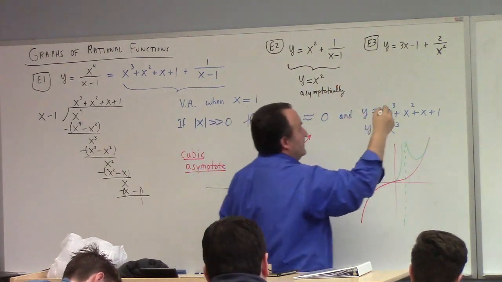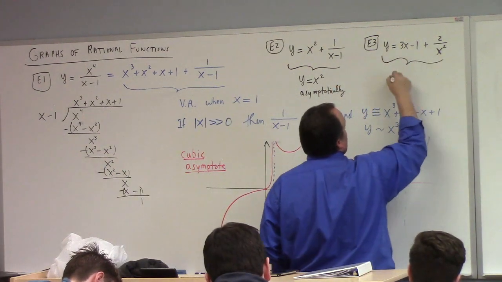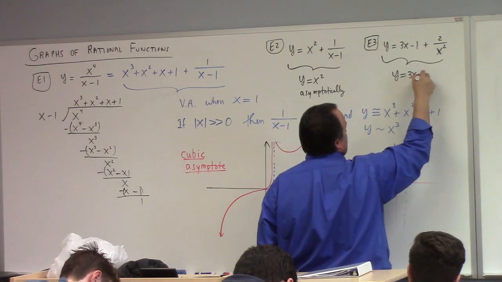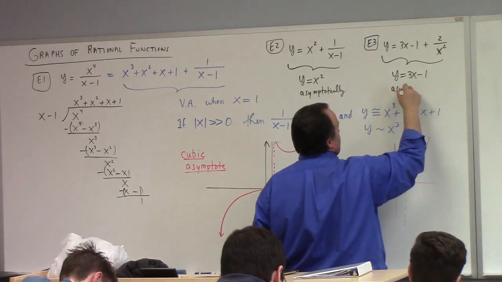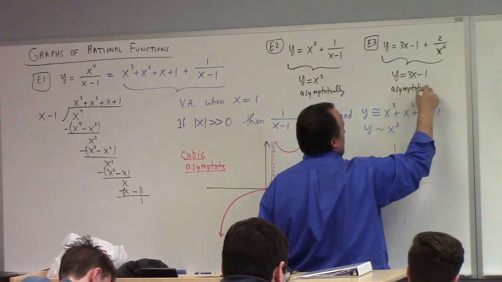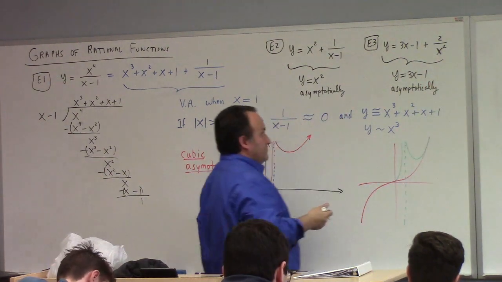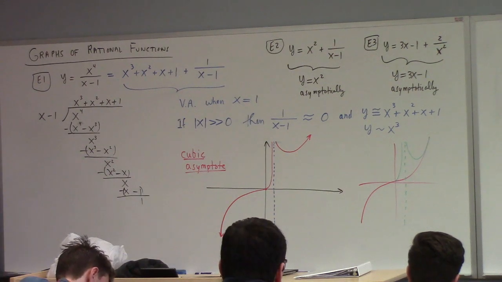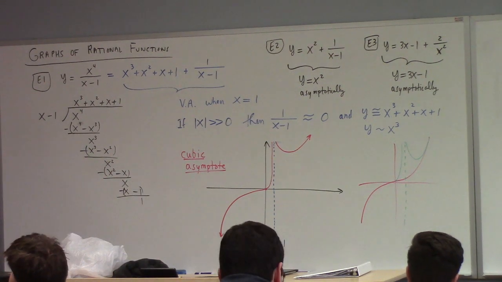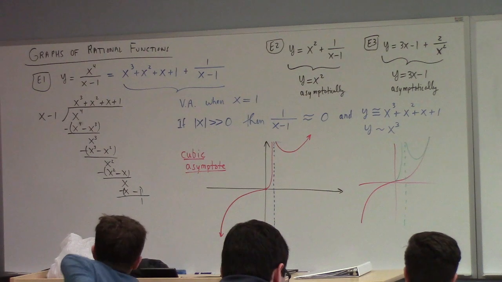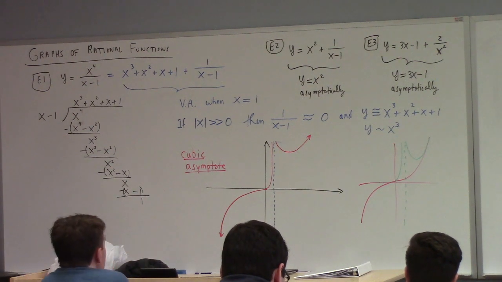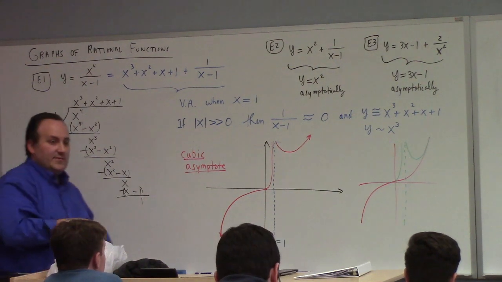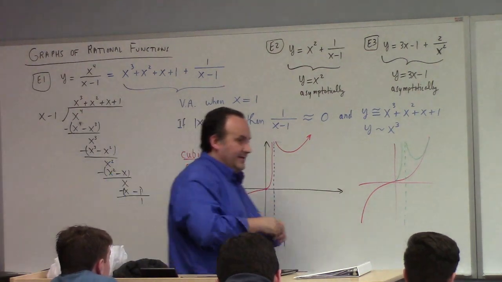And this one would have y equals 3x minus 1 as its asymptote. Example 3 has another name in algebra books: you'd call these slant asymptotes, because it asymptotically goes to a line, all right?